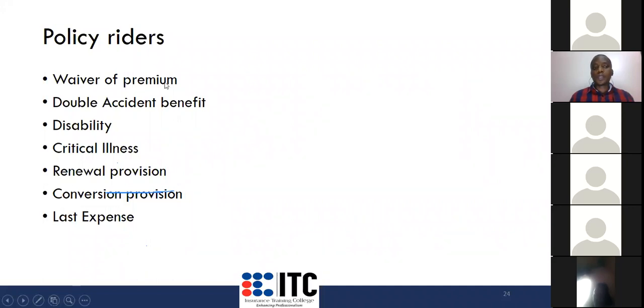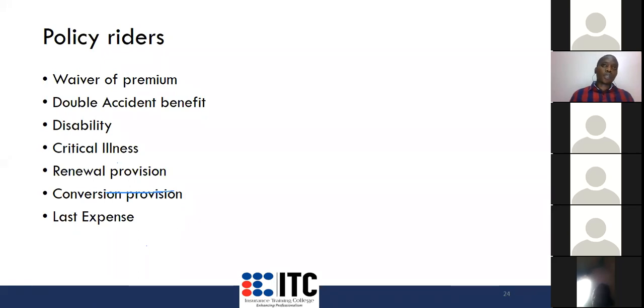So just to explain, when someone gets disabled, it affects their income. And if they cannot pay premiums, the policy may end up being nullified because they will not be able to pay.